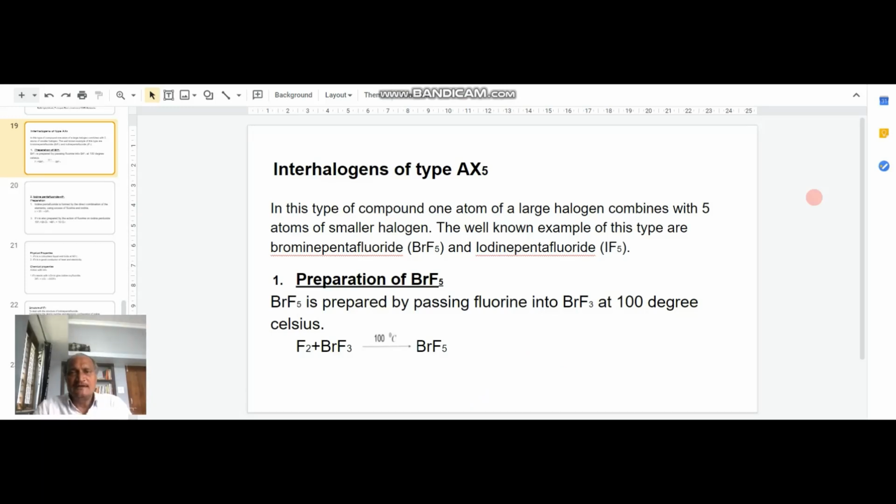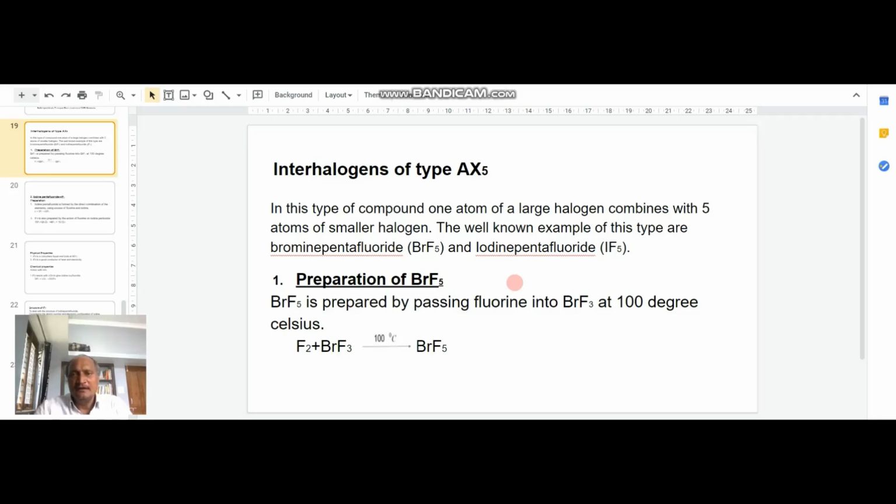As you know already, in AX5 type of compound, one of the larger halogen atoms A is combining with 5 smaller halogen atoms X. The well-known examples of this type are bromine pentafluoride and iodine pentafluoride.